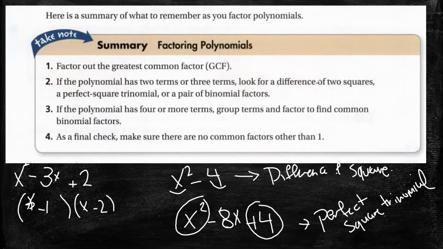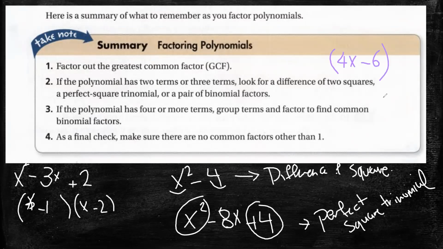As a final check, make sure that there are no common factors other than 1. At the end, if after you factorize you see one of your factors is 4x minus 6 as an example, don't stop here.